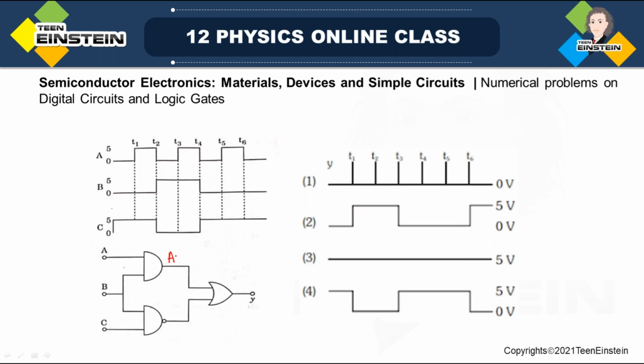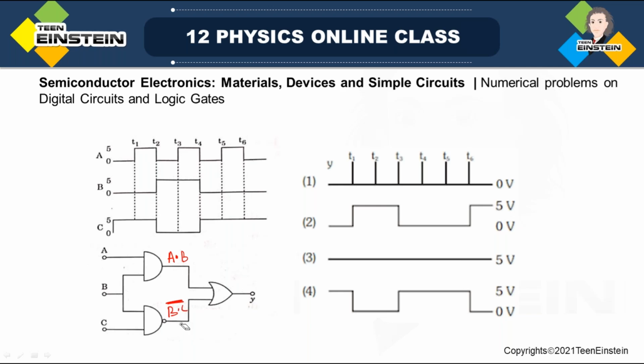You get A and B from here. And from here, what you get? B and C whole bar. B and C whole bar. That would give you the output actually. Let us go up to here, then we'll break it.